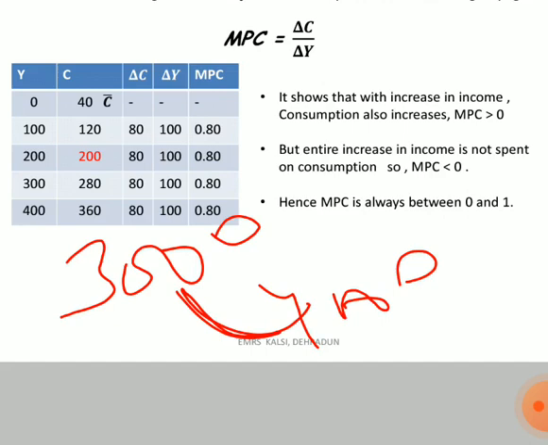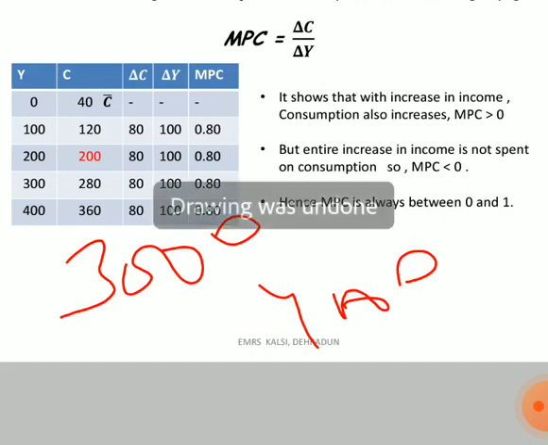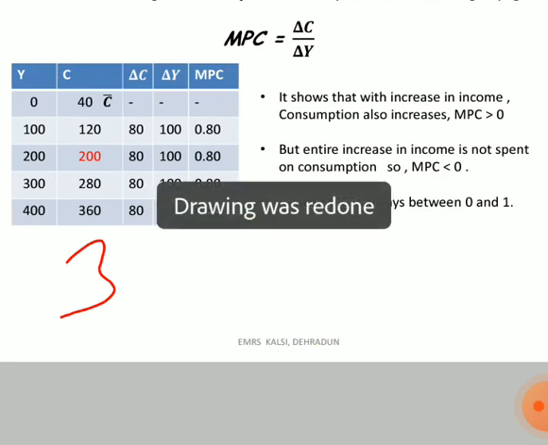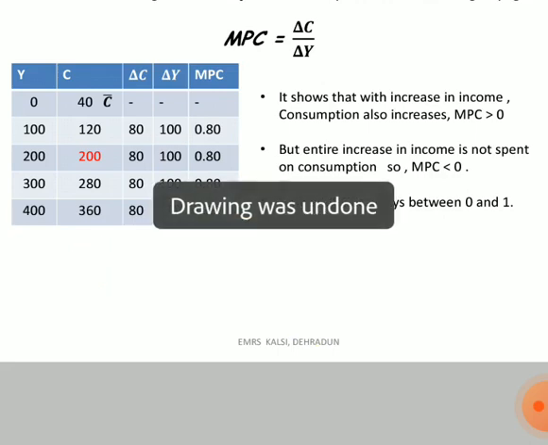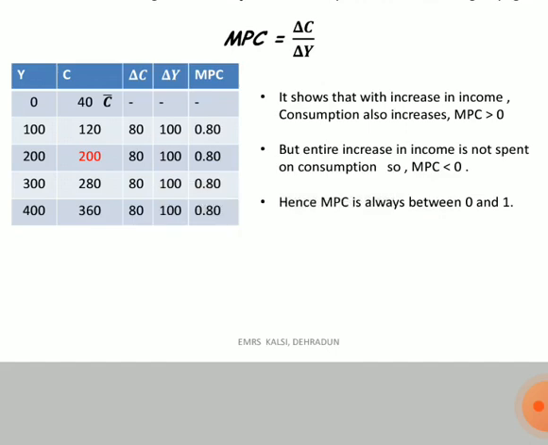So we will take that 1000 rupees. We are calculating MPC by using that additional money. So we have to look at how much change there is in income.